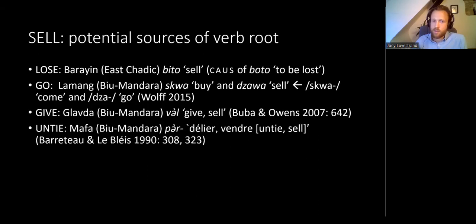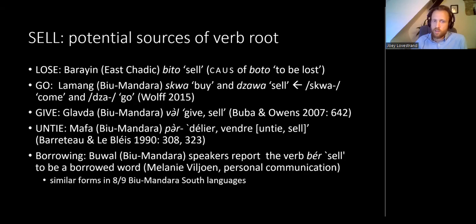In Mafa, it's reported that the word for sell also means to untie. So that's another potential source. However, that same or very similar form, the one that we see all across the Biu-Mandara South languages, has been reported by Buwal speakers to be seen as a borrowed word. So potentially there's also language contact as another source for getting a verb stem that specifically means sell in contrast with buy or a general trading word.